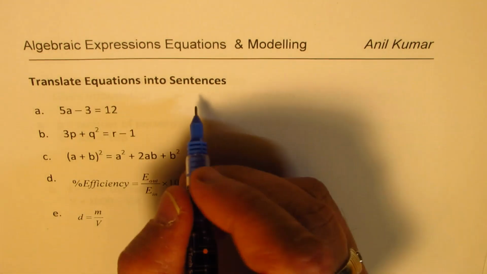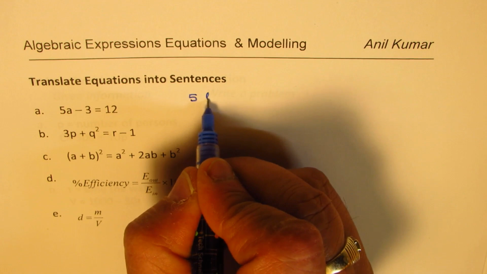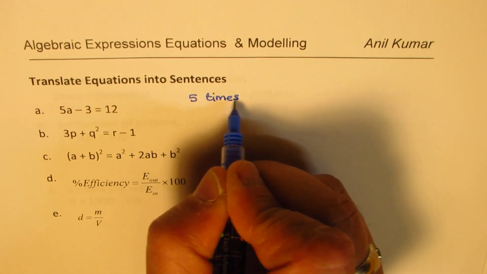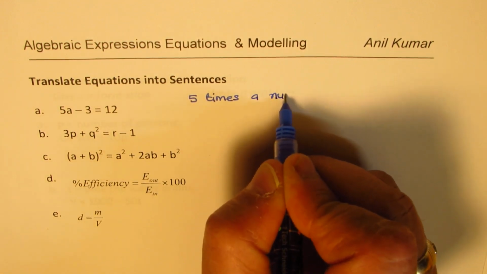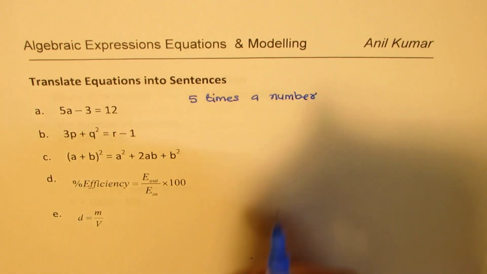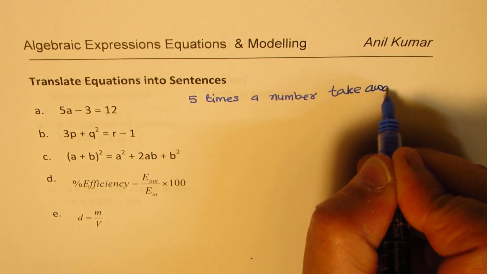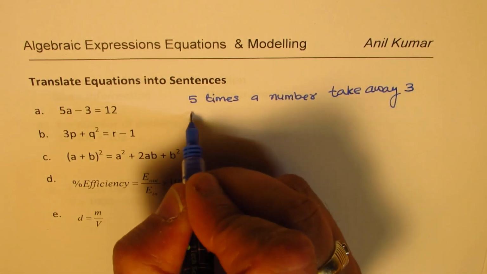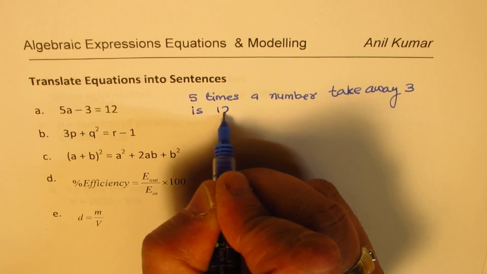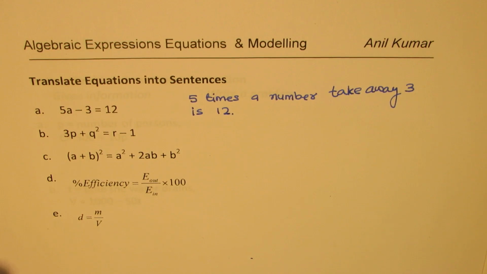Or you could say 5 times a number take away 3 is 12. You could write like this also, right?